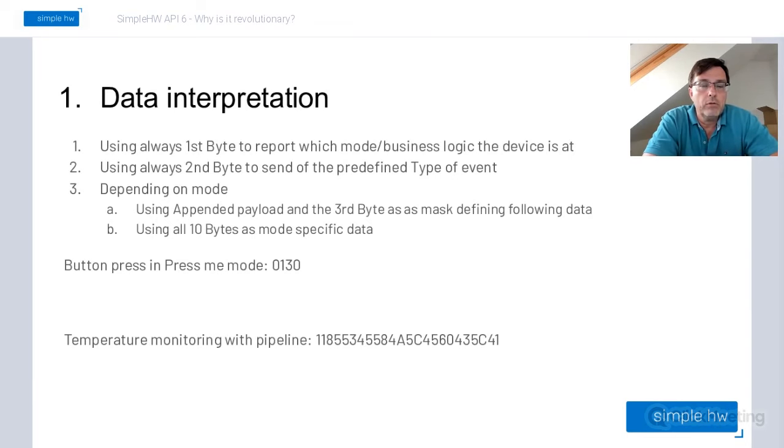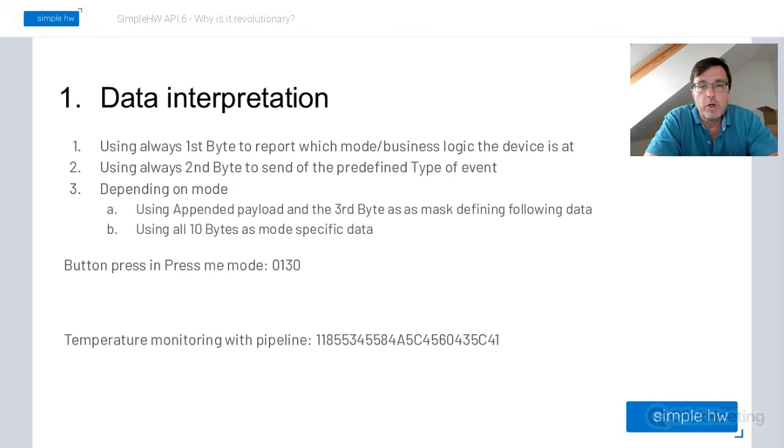For each of those messages, we are able to append some kind of information, be it current temperature, current voltage, current position, current magnetometer values. Or when the mode needs to use the full payload, we are using 10 bytes as mode-specific data.